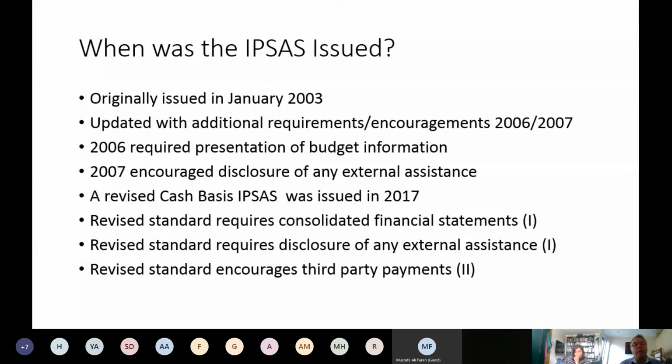Well, it comes down to what you plan to actually receive and what you plan to spend. And that's the important thing in relation to the budget part. And 2007 encouraged disclosure of any external assistance. Now, we mentioned this earlier on, like the World Health Organization, who gave you assistance. So again, you were encouraged.